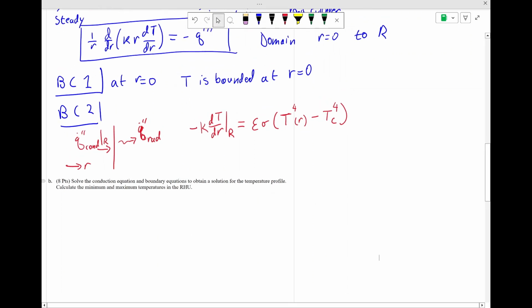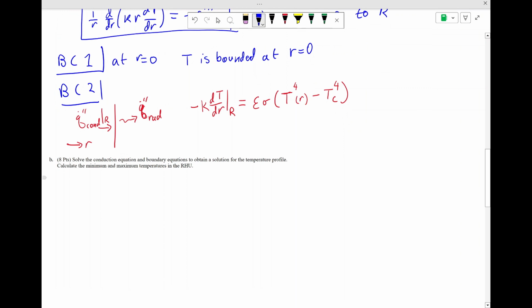Okay, so let's start here with our reduced equation. We have 1 over r d/dr of k r dT/dr, and that is equal to minus q dot triple prime.